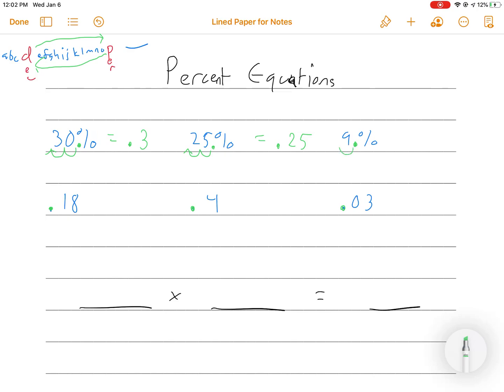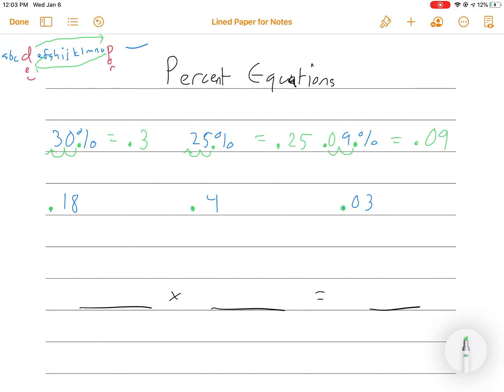And then this one, 9%, is a little bit tricky because we have to make up a space that isn't there, and we have to put a 0 down. So this is 0.09. It's not 0.9. 0.9 is very different. So again, to go from percent to decimal, we need to take the decimal place and move it left, just like how we would go left in the alphabet to get from P's to D's.